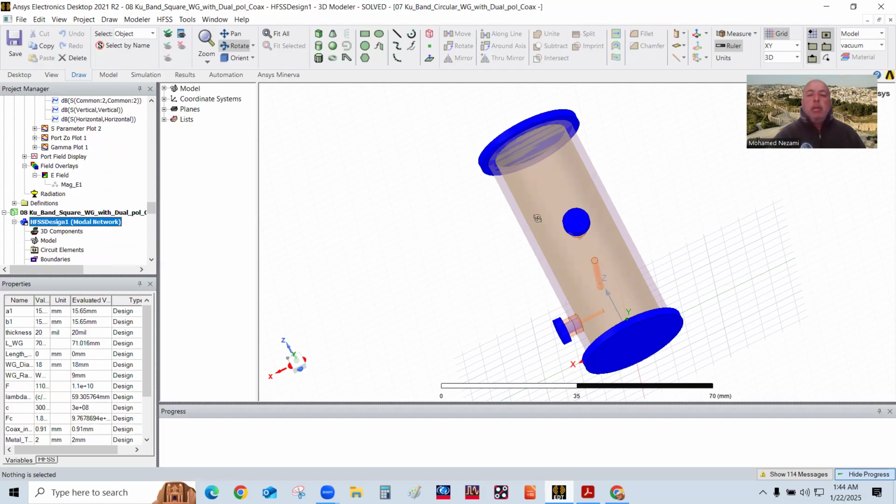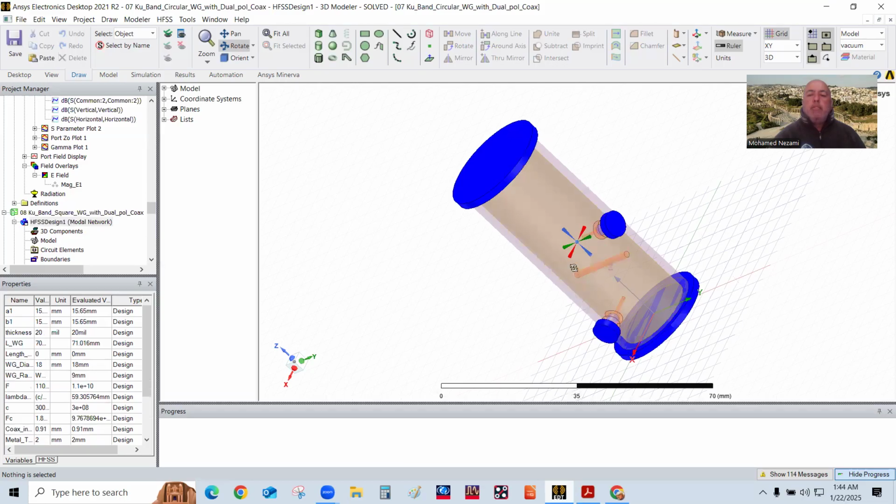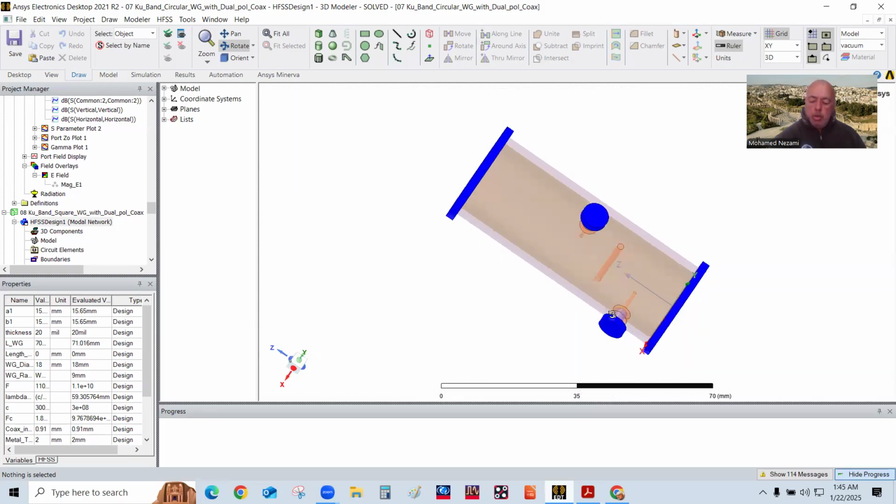Then I went on to the feed for an LNB using both vertical and horizontal signals from the circular polarized signal. This one here is similar to what's been used in these cheap, low-cost LNBs.